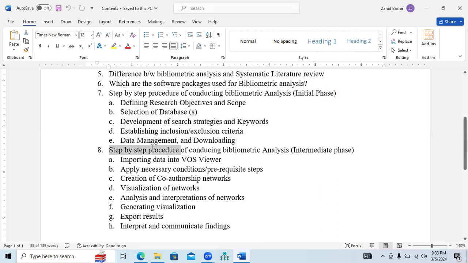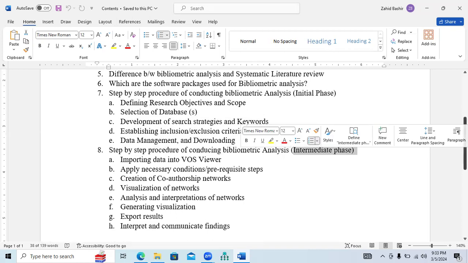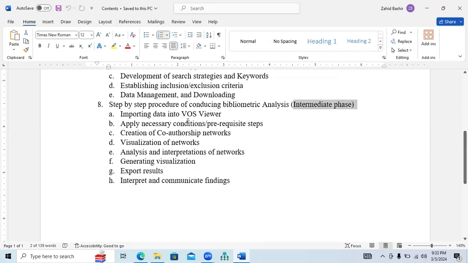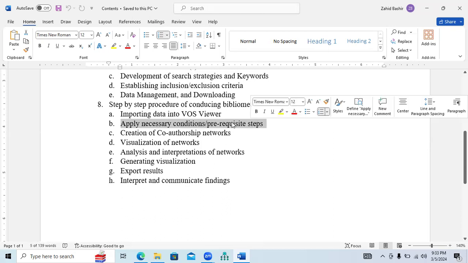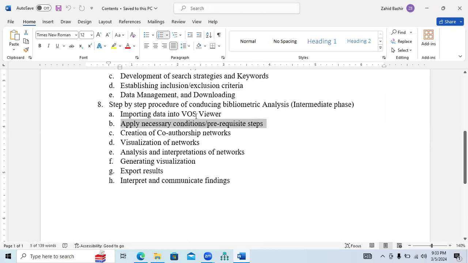Then we have a step-by-step procedure for conducting bibliometric analysis, which is the intermediate phase. In this step, we will apply importing data into VOS. We apply some conditions or prerequisite steps in VOS. VOS is basically the software package for applying bibliometric analysis. We may create the co-authorship network.